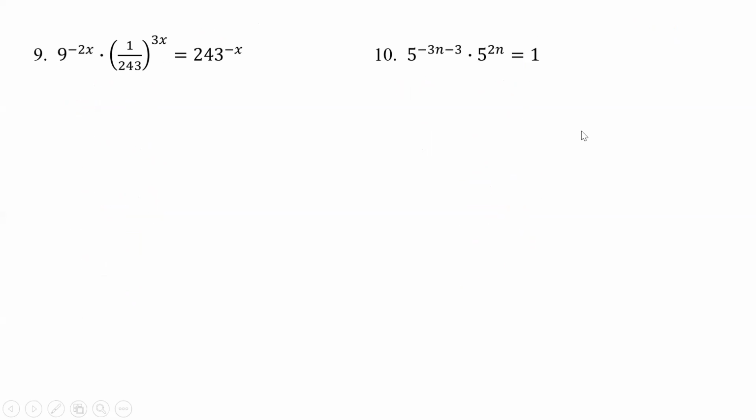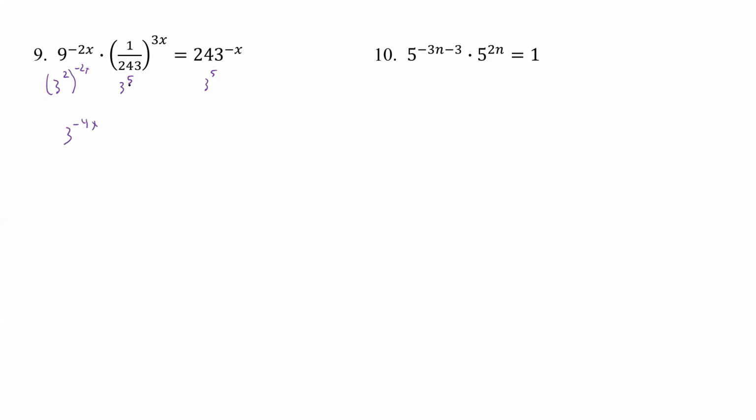All right, what about this one? Well, we saw 243 before was a factor of 3. That was 3 to the 5th. 9 is 3 squared. So now let's go ahead and plug everything back in and make it simpler. So 9 is 3 squared, but we're taking that to the negative 2x, so that's going to give us 3 to the negative 4x.